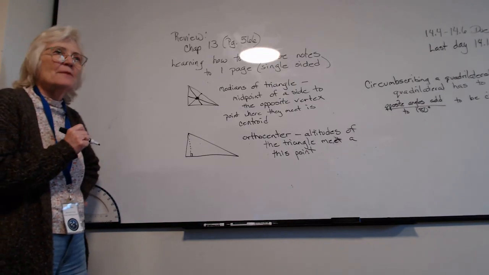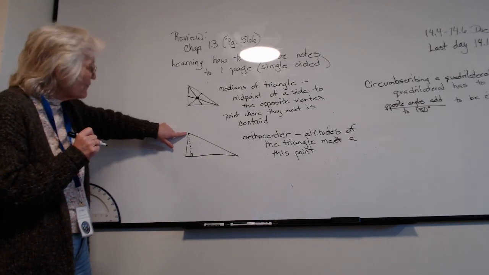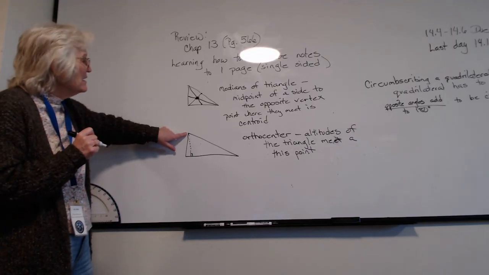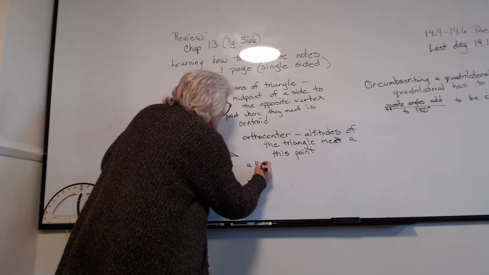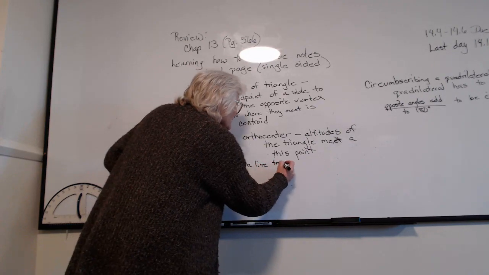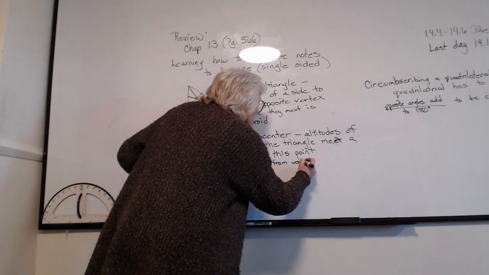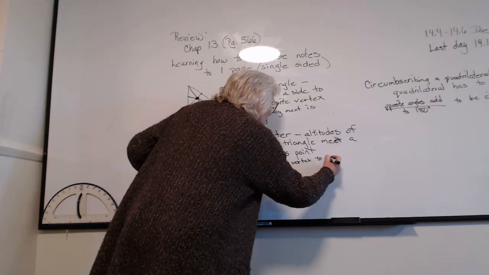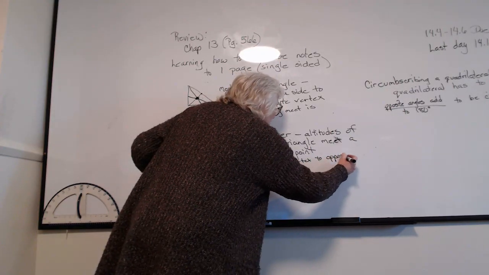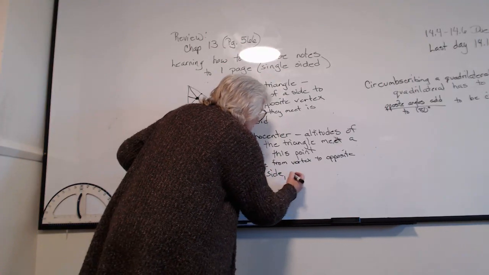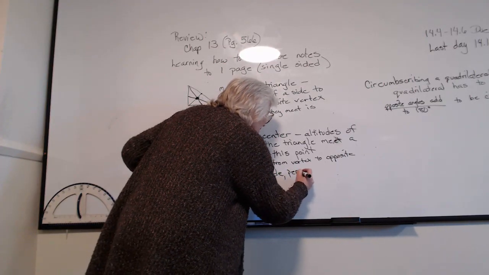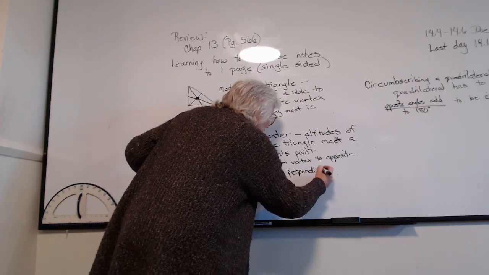I'm making a line from the angle to the opposite side. So it's a line from a vertex to the opposite side, perpendicular to the side.